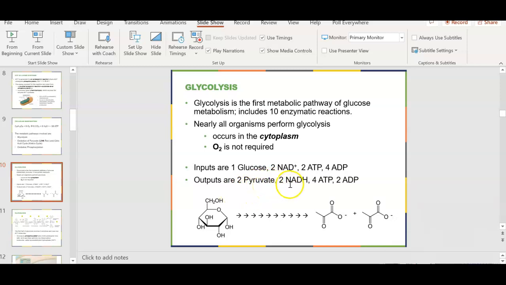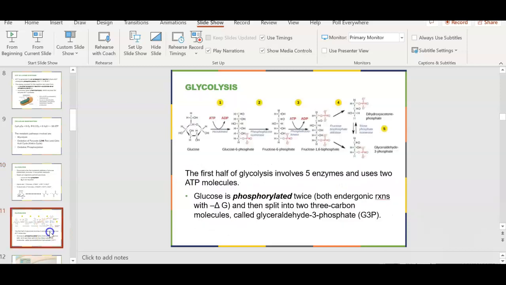We're going to get 2 reduced forms of NAD, so NADH. We actually generate 4 ATP, but we're going to see we already spent a couple, so we'll see the net yield here. And then we're going to have a couple of ADP at the end. So that's very much the short version.